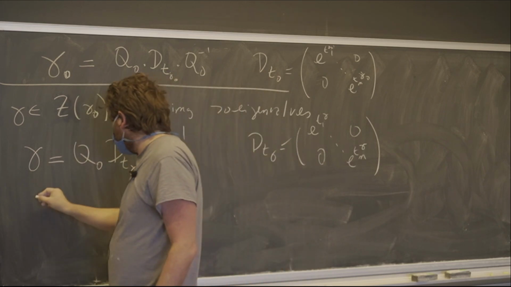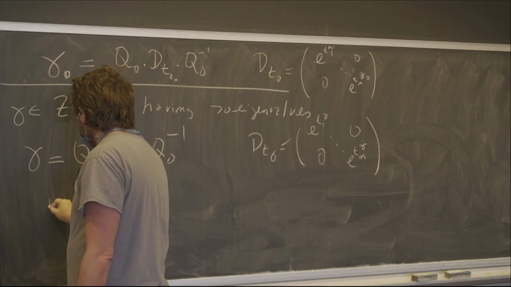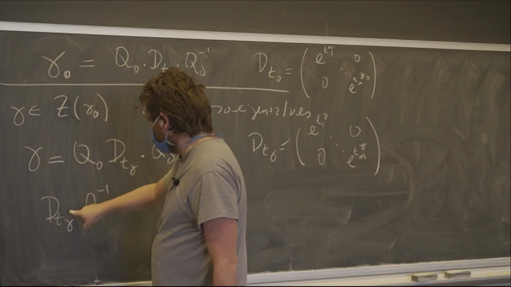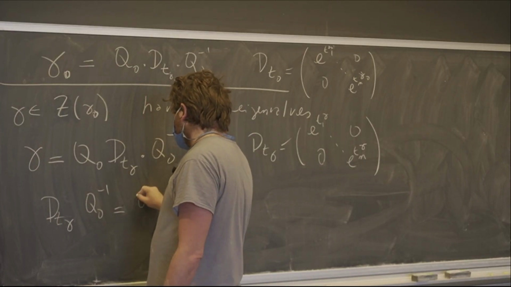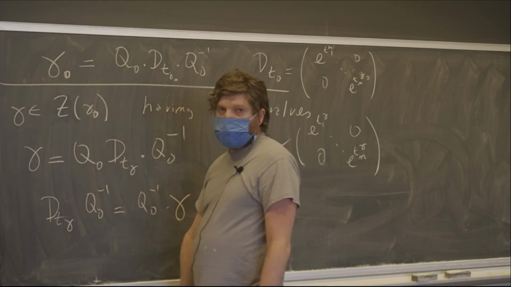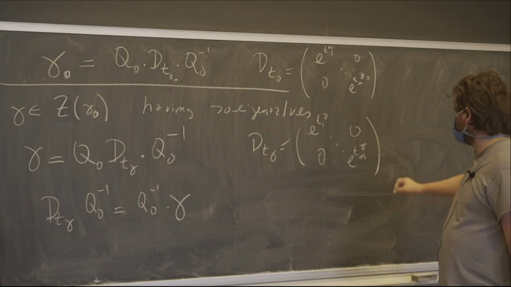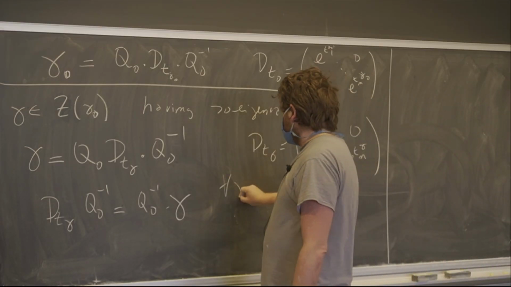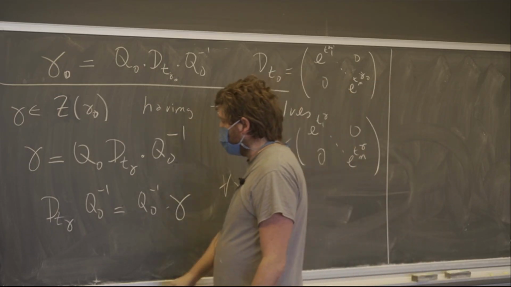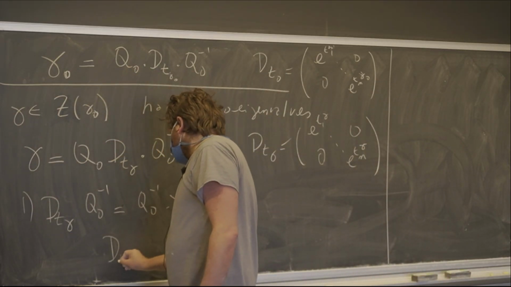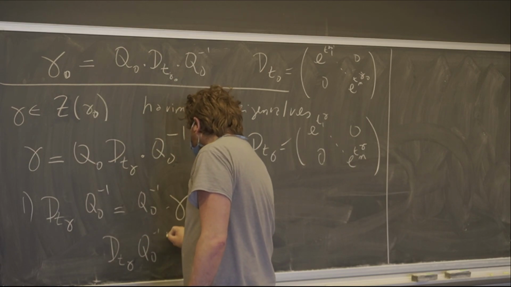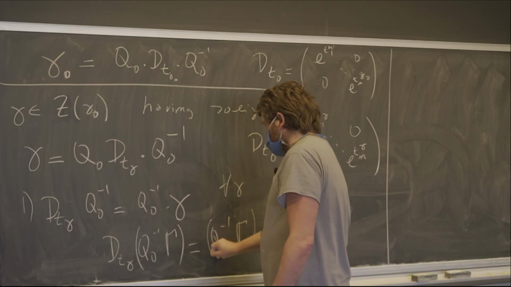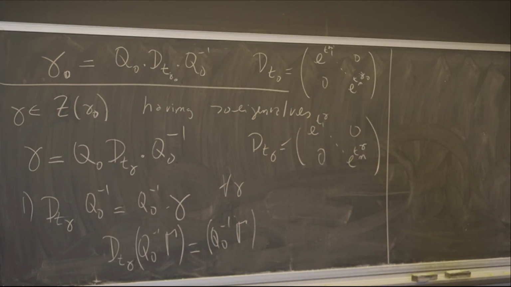So this is telling us that when I multiply Q naught inverse by dt gamma, what I get is Q naught inverse times gamma. That's for every gamma. That's the first thing that it tells us, which means that dt gamma Q naught inverse times gamma is equal to Q naught inverse times gamma.